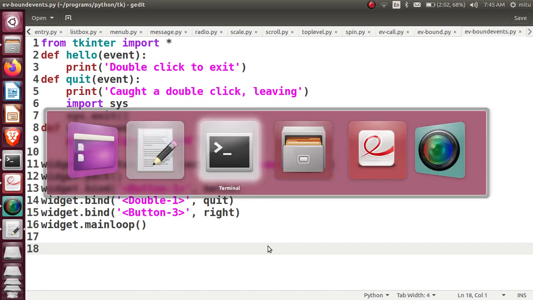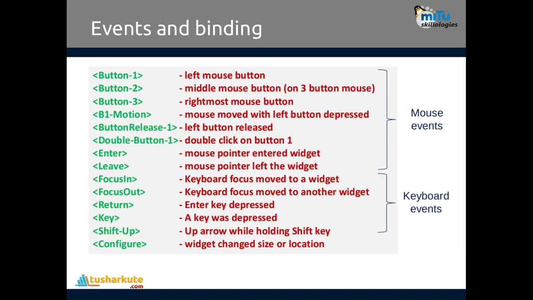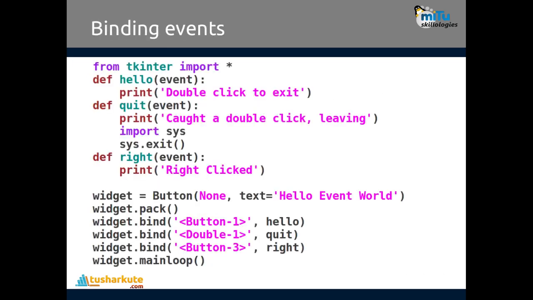The list which is shown over here we can make use of by using the bind method. We can bind a respective event to the control, and when the mouse or keyboard generates that particular event, we can specify the action on our own, which we have just seen in this program. This is how binding is possible.